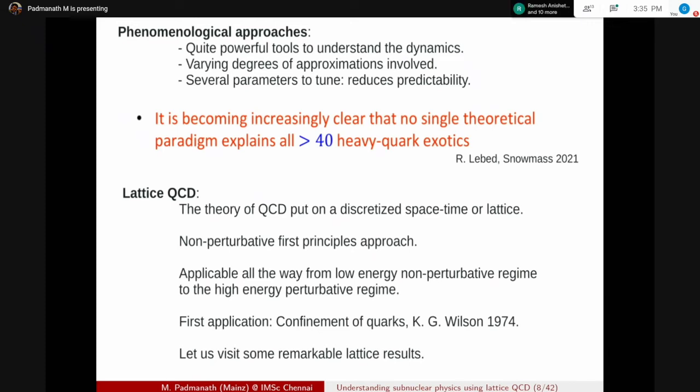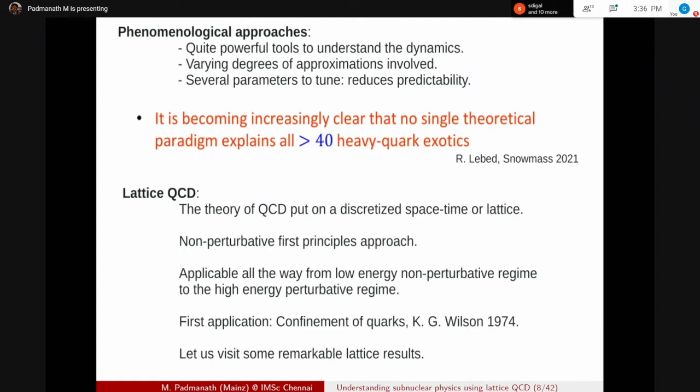The first application, although in the strong coupling limit, basically inspired all these lattice QCD activities that are going on these days. It was to explain that with a lattice, one can prove in the strong coupling limit that the potential is actually linearly rising at very large distances. So that basically means the quarks are confined.